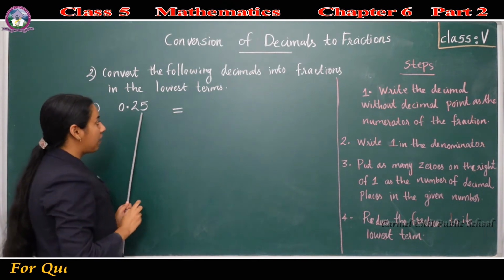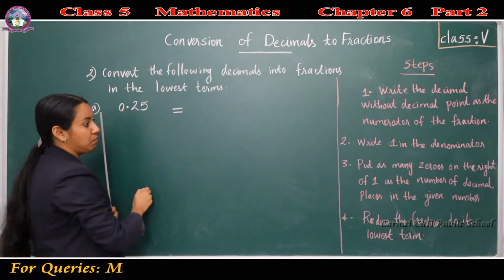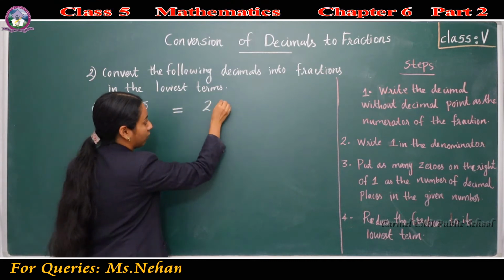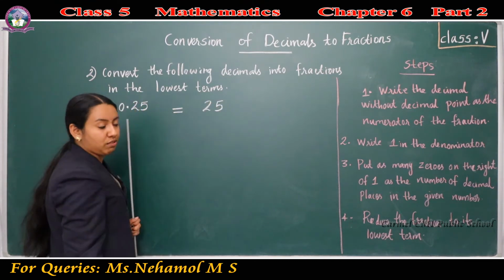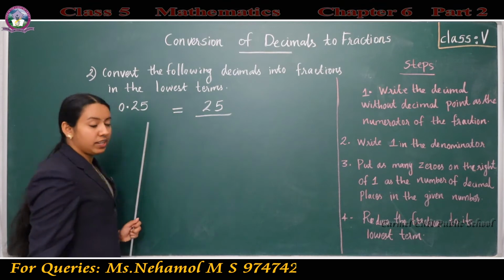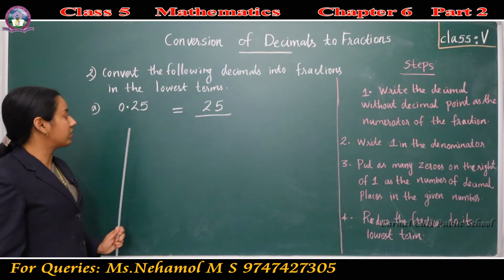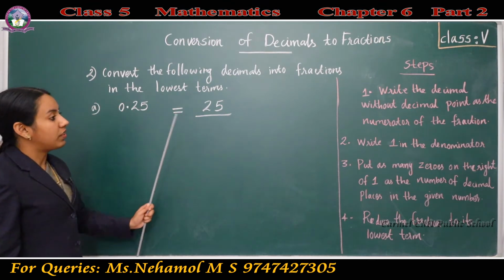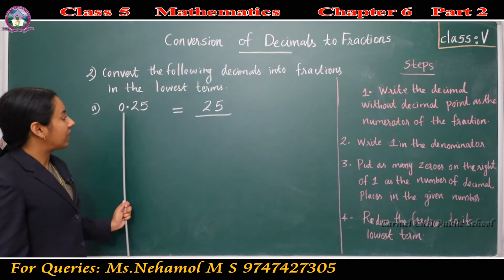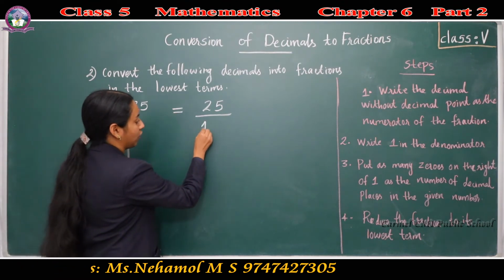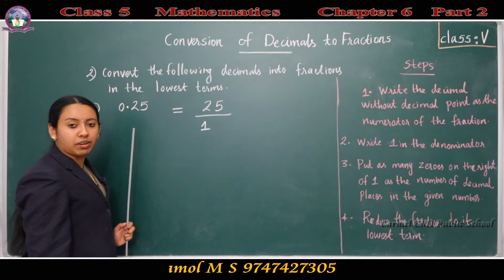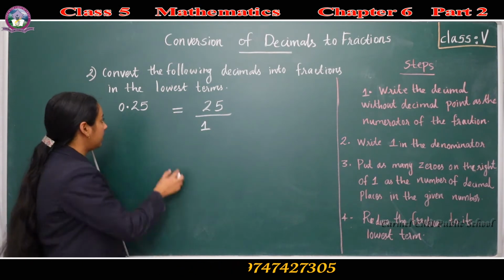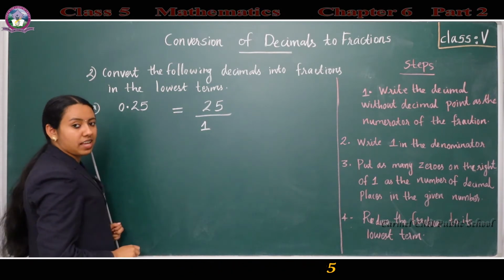Write the decimal without decimal point as the numerator of the fraction: 25. Then next step, write 1 in the denominator. Then how many decimal places are here?